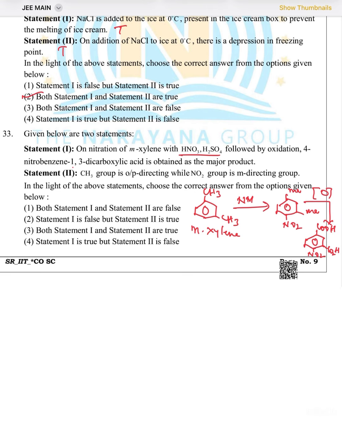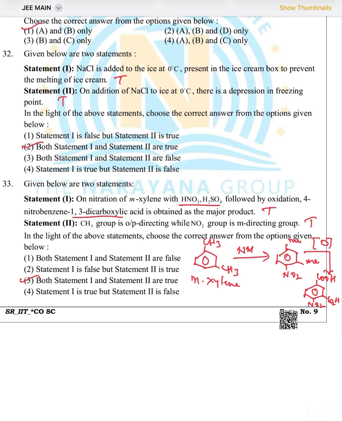So 1,3-dicarboxylic acid is obtained as a major product. So statement 1 is true. Next, CH3 group is ortho-para-directing while NO2 group is meta-directing group. This is also a correct statement. Both 1 and 2 are correct. So third option is right.